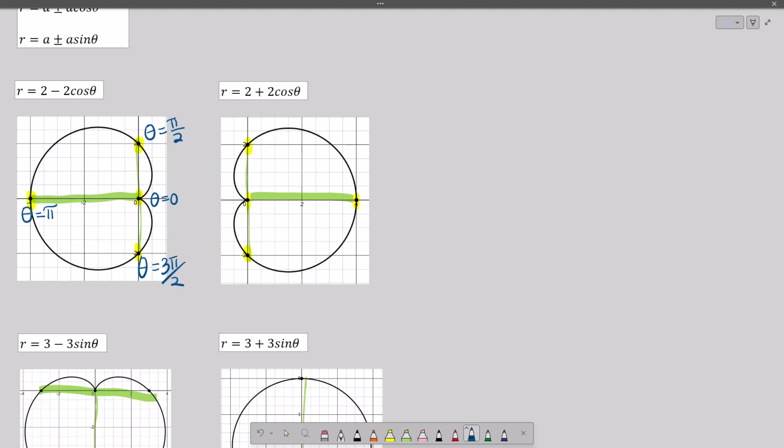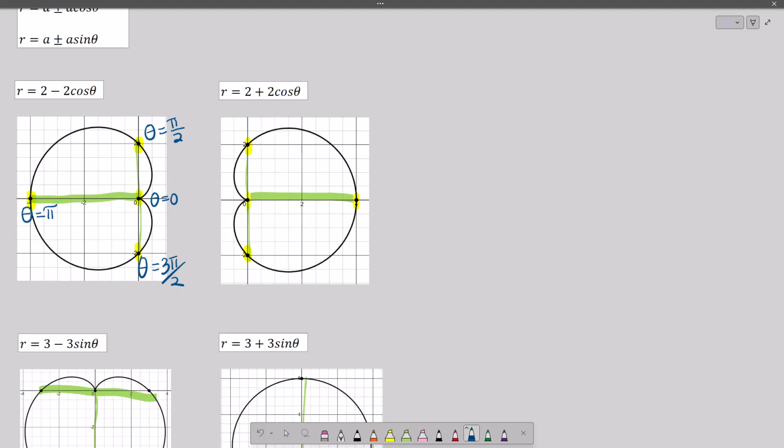Why did that last one go negative and the pi over 2 was positive? Okay, so when we plug in pi over 2, cosine of pi over 2 is 0. So 2 minus 0 is 2. So in the pi over 2 direction, we go 2 because we got a positive radial value. When we plug 3 pi over 2 in, we also get 0. 2 minus 0 is still 2.